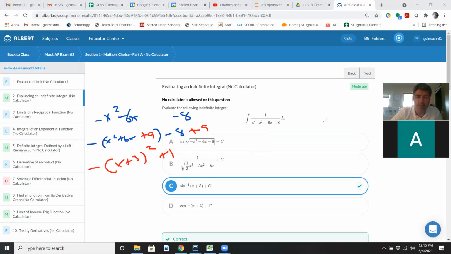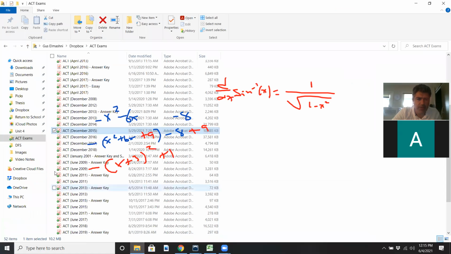Now the derivative of inverse sine, if you do d dx of that, is 1 over root 1 minus x squared. And in case you forgot your rules, if you go to Schoology, there's a cheat sheet called derivative cheat sheet and rules, I think.